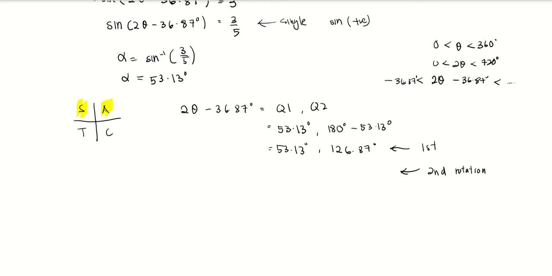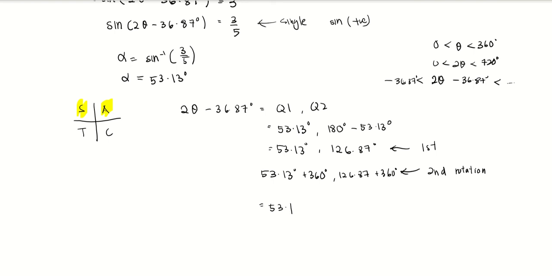So for the second rotation, we have 53.13 plus 360, and another one is 126.87 plus 360. So we should get 4 answers.